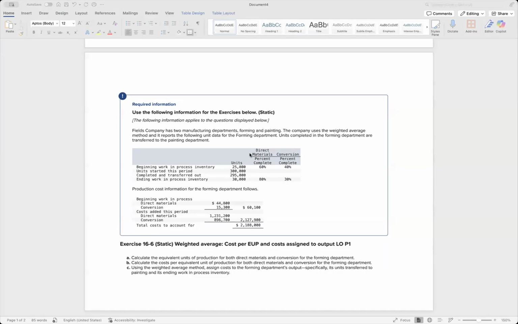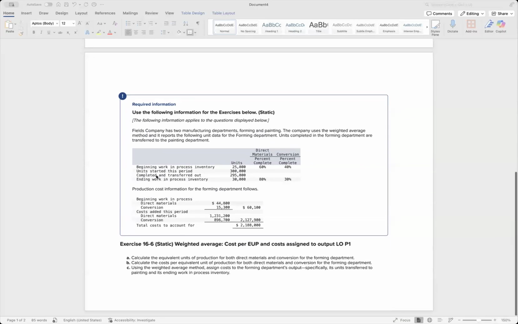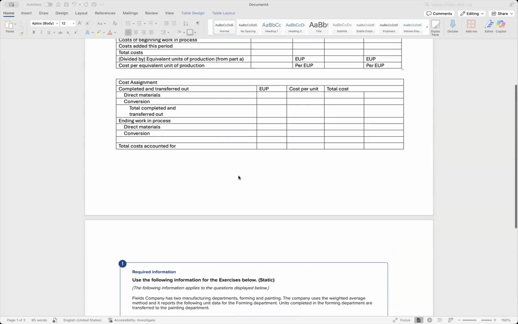So immediately this is telling me that between the units in the work in process inventory at the beginning and the units started this period, all of those were not completed. So that's 325, but only 295 were started and completed. Okay. So I do want you to take note of that. All right. But it does tell me how many were completed and transferred out, which is the 295.